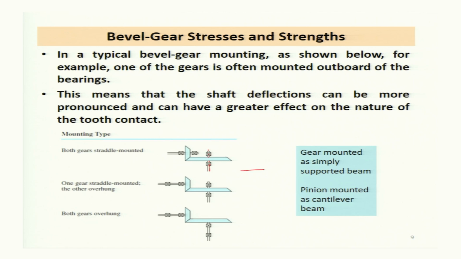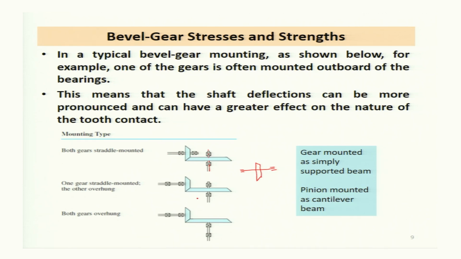Here is the support, and in the mid the bevel gear is mounted. The bevel gear is mounted in the middle. So, it is a simply supported beam with a radial load or the axial load acting at the midpoint. And for the case of pinion also, the same type of simply supported arrangement is there. This is called the both gears straddle mounted.